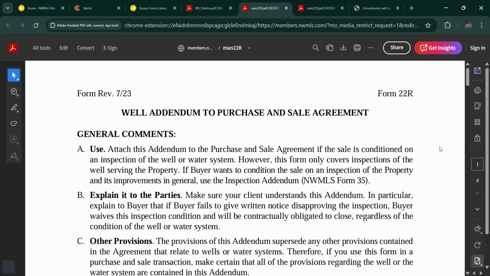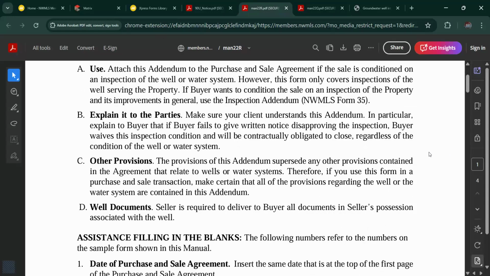If the buyer wants to condition the sale on an inspection of the property and its improvements in general, use inspection addendum MLS form 35B. Explain it to the parties. Make sure your client understands this addendum. In particular, explain to the buyer that if the buyer fails to give written notice disapproving the inspection, the buyer waives this inspection condition and will be contractually obligated to close regardless of the condition of the well or water system.